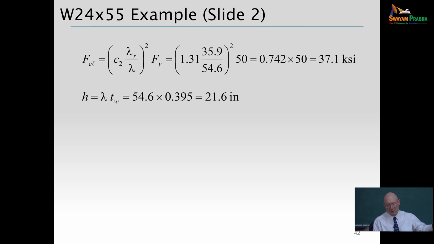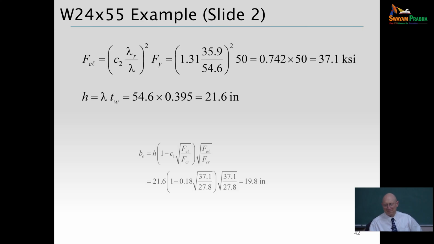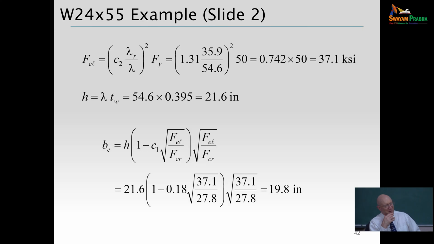Now in the American property tables, they give you the lambda for the web, 54.6. They don't actually give you the h of the web. The h is between the insides of the fillets. And so if you want h, you have to basically multiply lambda by tw. That's 21.6 here.